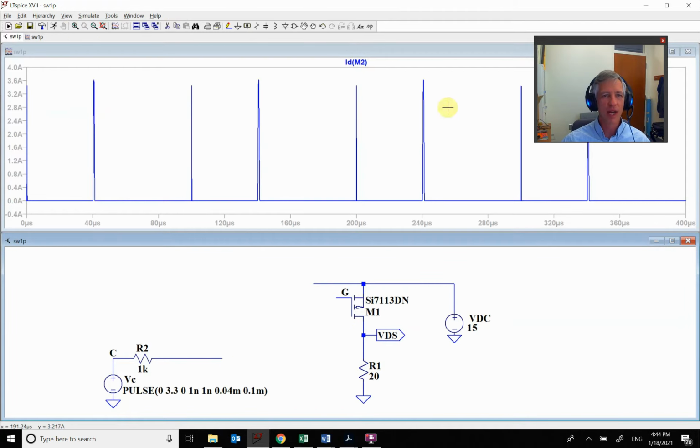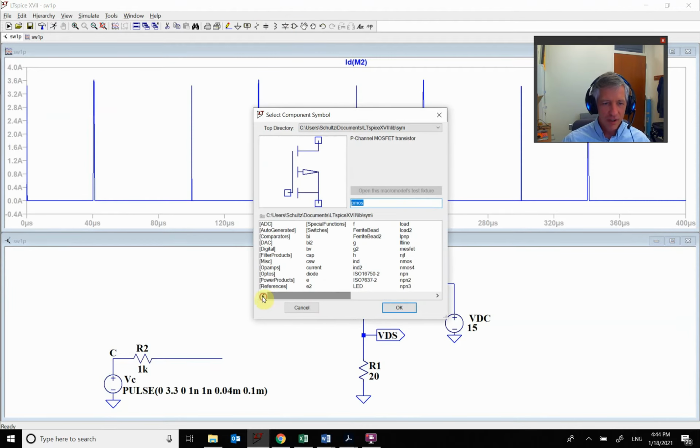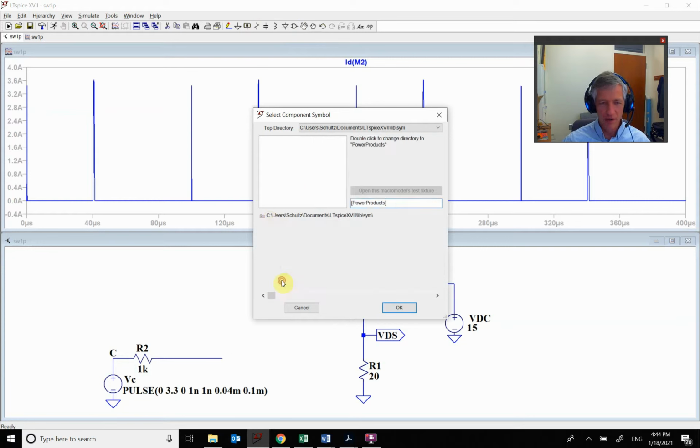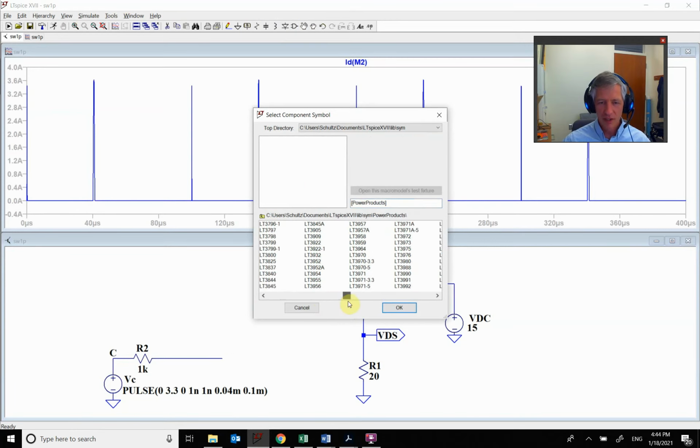So let's grab a gate driver circuit. I went and looked up one that is included in LTspice. So if we go over here, we have all these other components, and here are power products. So we're going to grab an LTC1693.